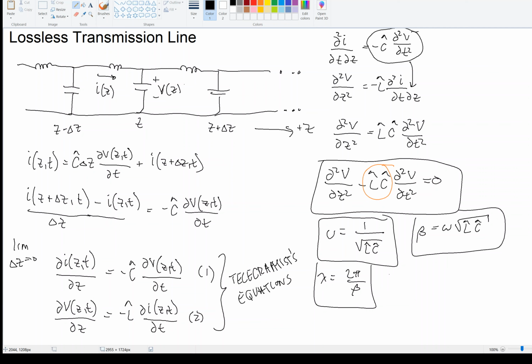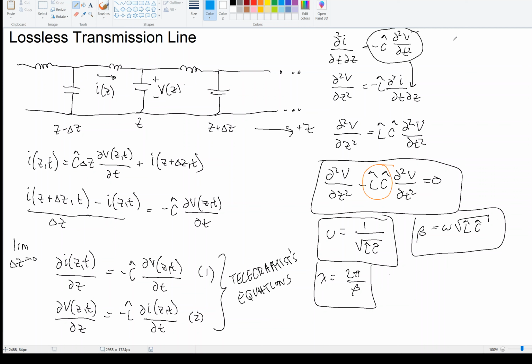Okay, good. Now, let's assume a time harmonic dependence. If we do that, equation 1 here, if you remember, taking the derivative in time is like multiplying by j omega in frequency. So I'm going to write this in a different color.